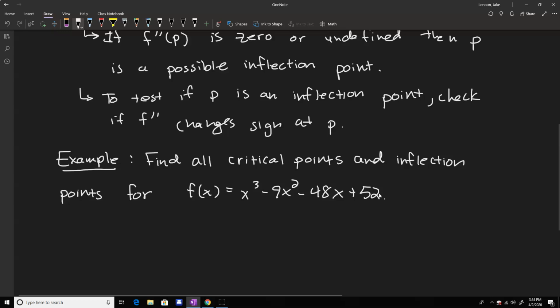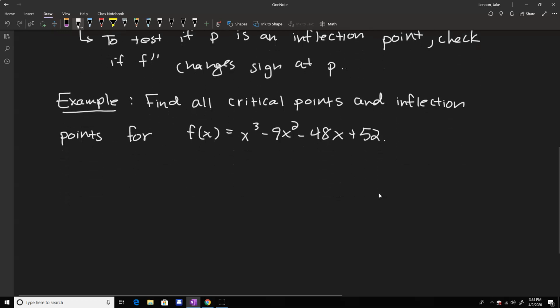So to find the critical points, we take the first derivative, set that equal to 0, and solve. So let's go ahead and do that.